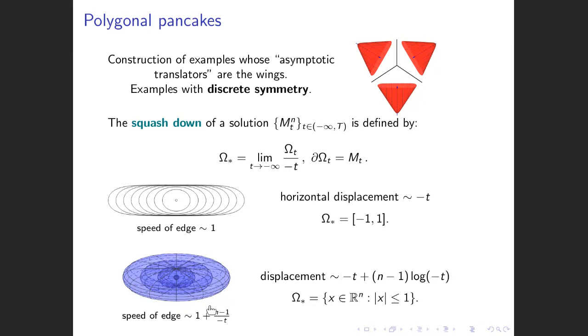For the rotationally symmetric pancake, again, when I scale by t, the slab is going to collapse, and the circle is a circle of radius minus t plus log of minus t, or in higher dimension, I have this constant. So when I divide by t, I'm just going to get 1. So log t over t is going to disappear. So the Omega star, the squash down of the pancake, is just the sphere of radius 1.